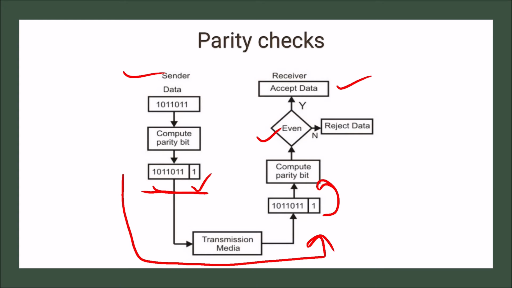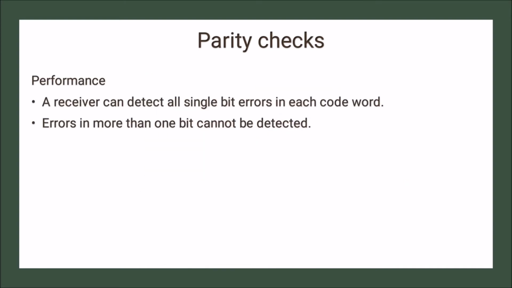Otherwise, if for example an error occurs and the third bit becomes 0, changed due to some error, we get 1001011 with its parity. Now the total number of ones here is 5, which is not even. That is why it rejects the data. So this is how the parity check works.